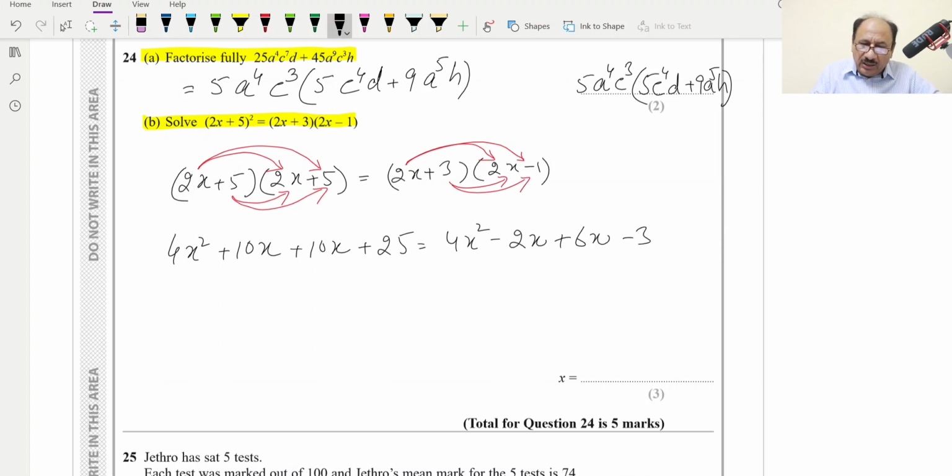Now we have to add the like terms. Before adding like terms we can cancel the 4x squared, which is the same on both sides.